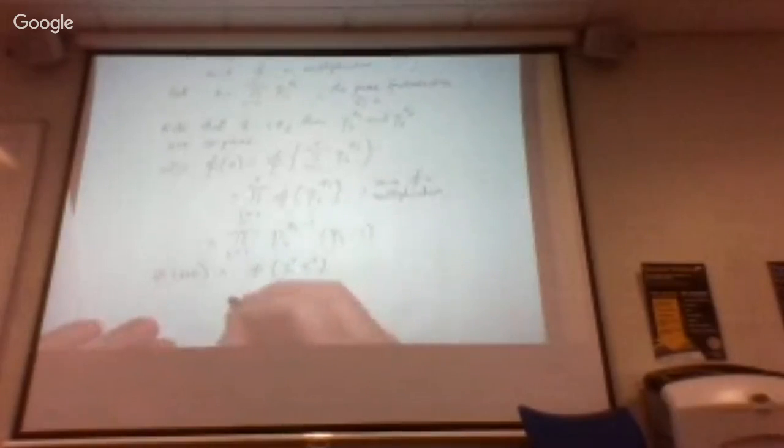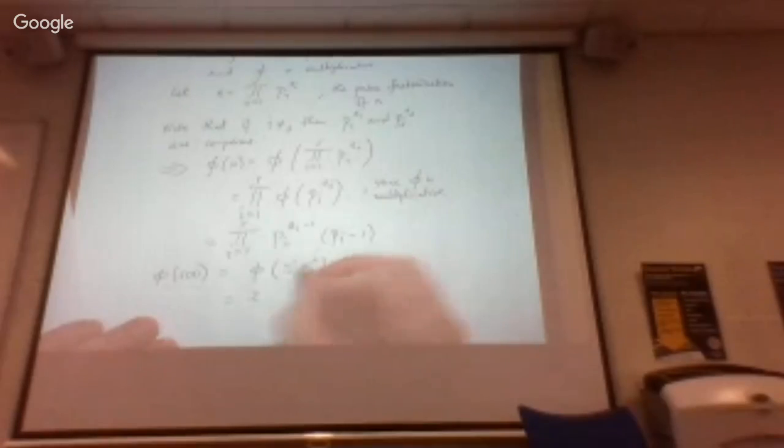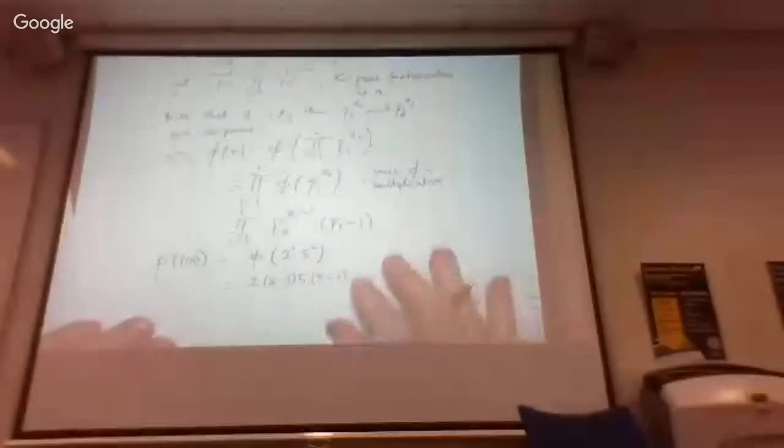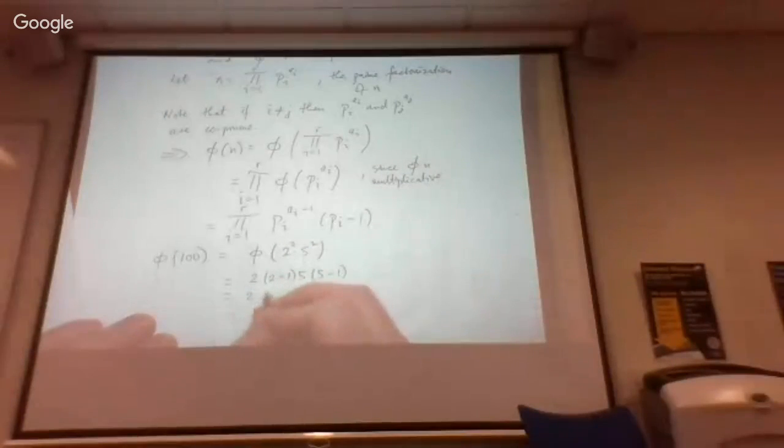So according to this formula, you take 2, you reduce the power by 1, so it's now just 2, and you multiply it by 2 minus 1. Then you take the 5 squared, you reduce the power by 1, so it's now just 5 to the power 1, and you also multiply it by 5 minus 1. So it becomes 2 by 1 by 5 by 4, which is what? 40.